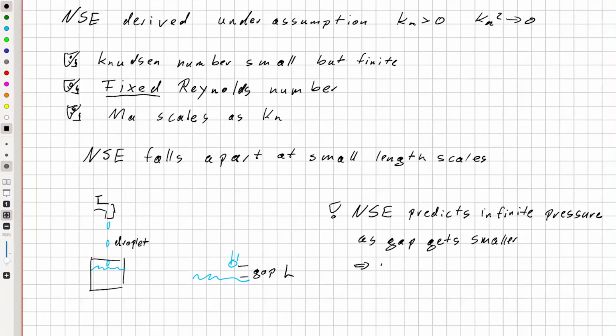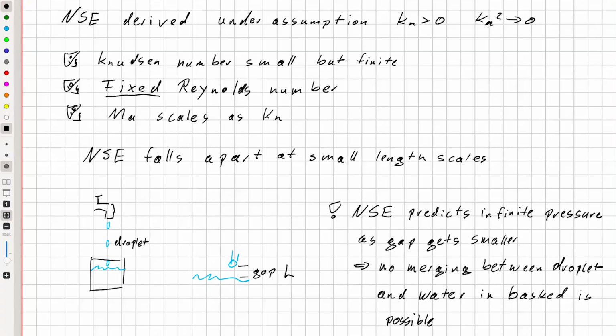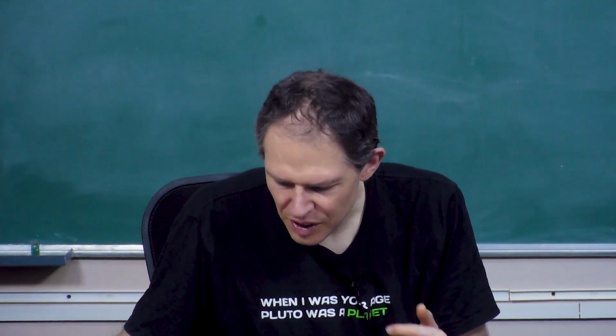And because of this pressure driving everything apart, no merging between droplets and water in baskets is possible. This is according to the Navier-Stokes equation.